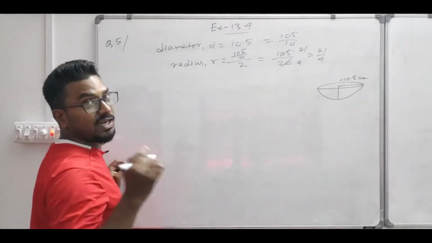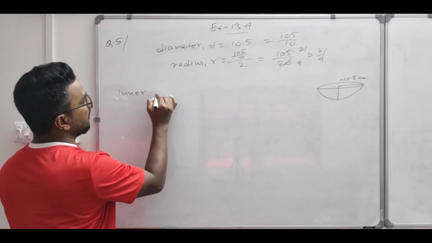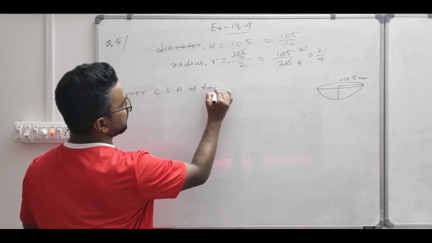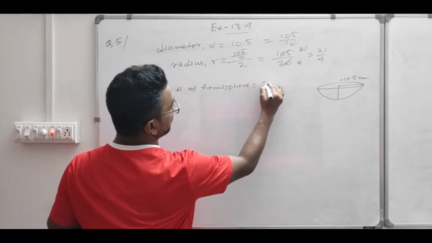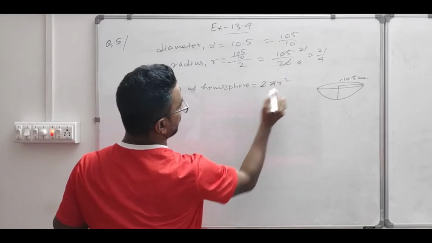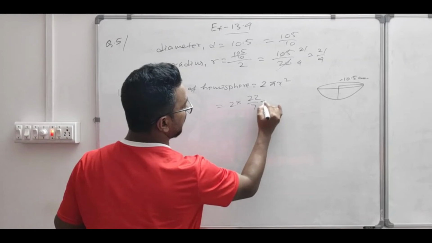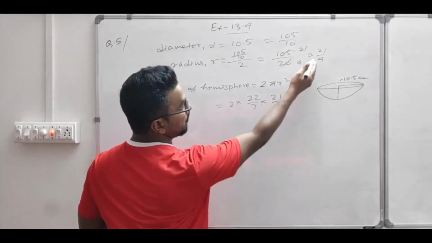So you have to find the inner curved surface area. Okay, inner curved surface area and curved surface area is the same thing. Inner curved surface area of hemisphere is 2 pi r square. So you just replace the value. Pi value is 22 by 7. Radius is 21 by 4. Square is there, right?